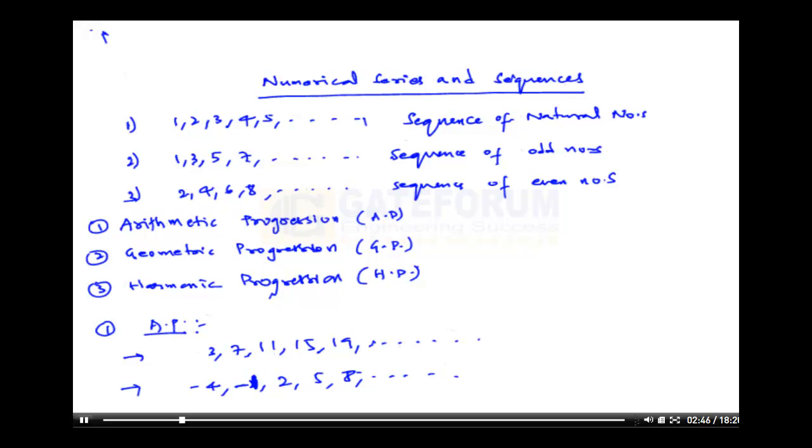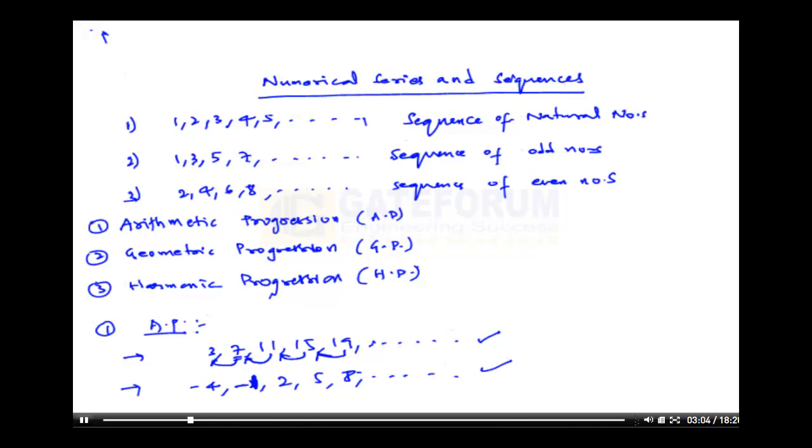Now observe these 2 sequences. Are they following any particular pattern or not? Here 7 is obtained by adding 4 to its previous term. Next 11, adding 4, 15 adding 4, 19 also adding 4, and so on.